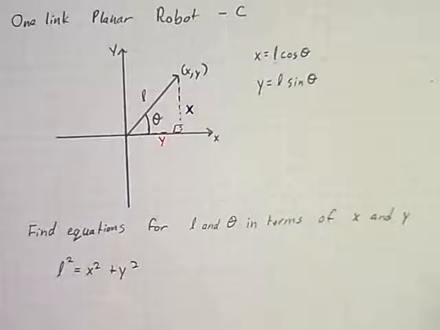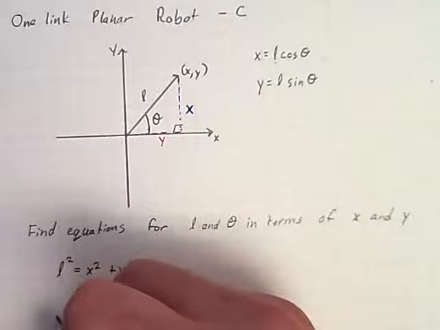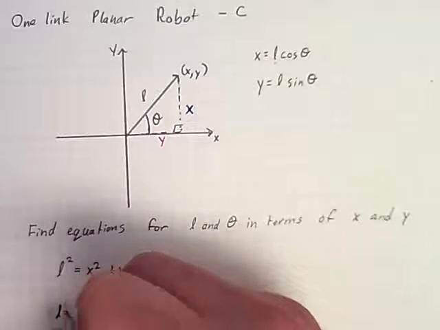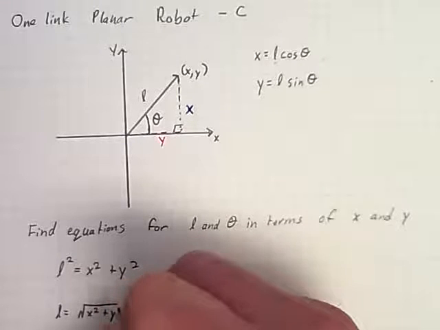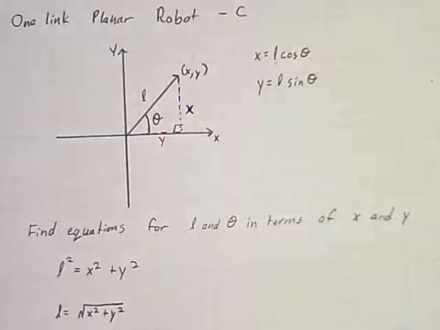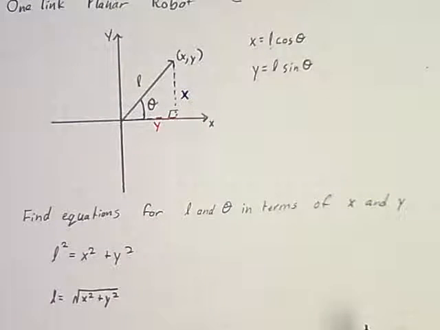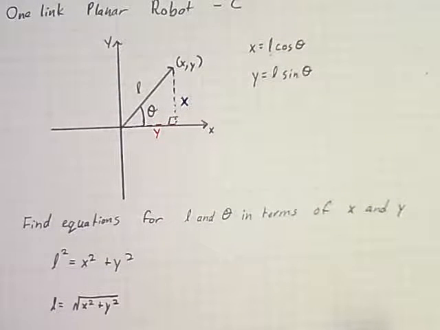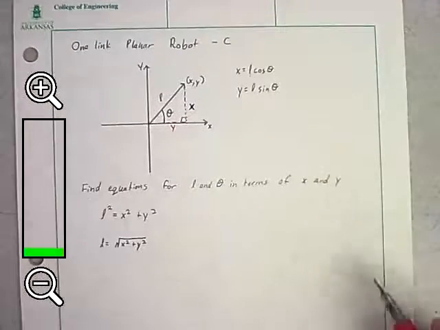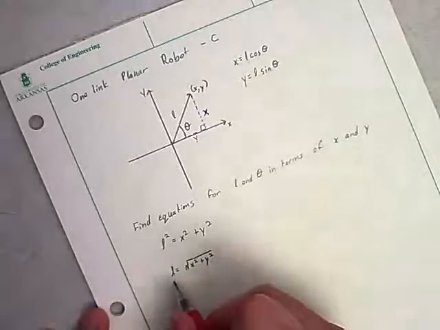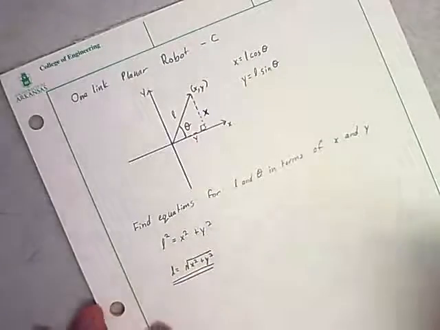And then I can just take the square root and get L. Since L is a magnitude, it's always positive, so I don't have to worry about taking the negative root. It's always going to be a positive number. Alright, so that one was pretty simple. We figured out our equation to get L.